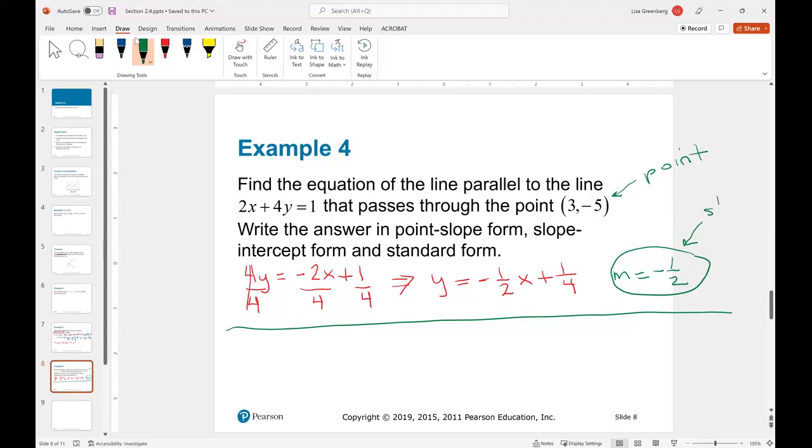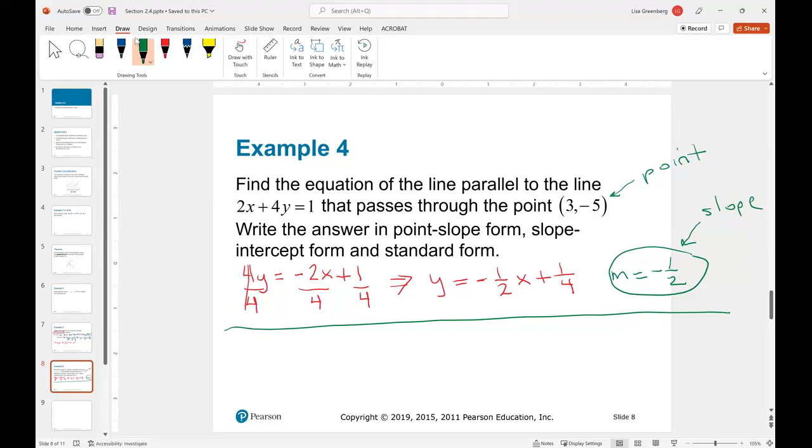So given that I have a slope and a point, what do you think is the best thing for me to use? First, it would be point slope, right? So point slope is, again, y minus y1 equals m times x minus x1. And I know y1 because it's right here.